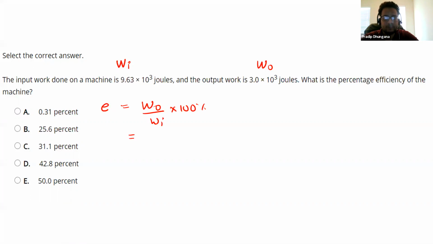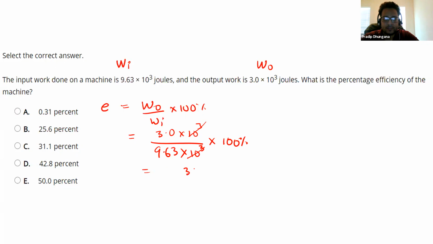Let's substitute those values. Output work is 3 times 10 to the power 3. Input work is 9.63 times 10 to the power 3, multiplied by 100%. 10 to the power 3, 10 to the power 3 got cancelled.